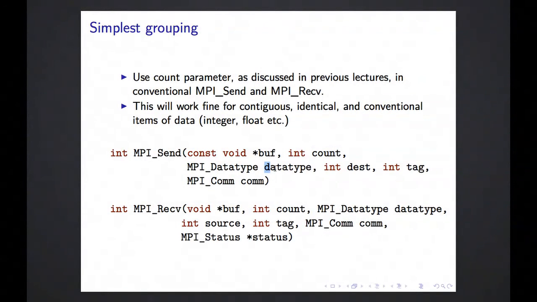You provide the data type of the item you're sending. And this allows you to send multiple items in a single message. This will work fine as long as your data is contiguous, sitting in a single array, and as long as your data consists of identical types, and these types have to be conventional: integer or float, and so on. Nevertheless, even the basic MPI Send and MPI Receive already allow you to group data together.